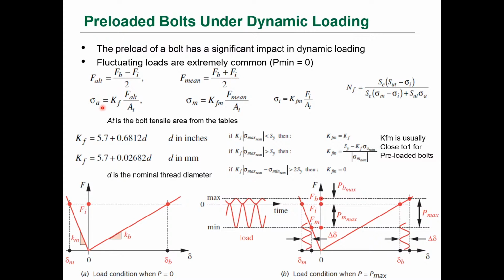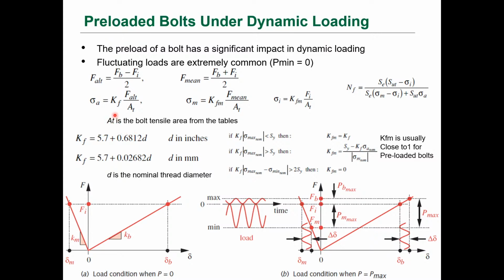Then we can define an alternating stress, which is multiplied by the fatigue factor, which is defined down here based upon lots of empirical data and tests over the area of the bolt. And then we have this mean load here, which is KFM, the mean force over the area. Okay, the preload is just the preload stress. It's just KFM, in this case for fatigue, times Fi over AT.